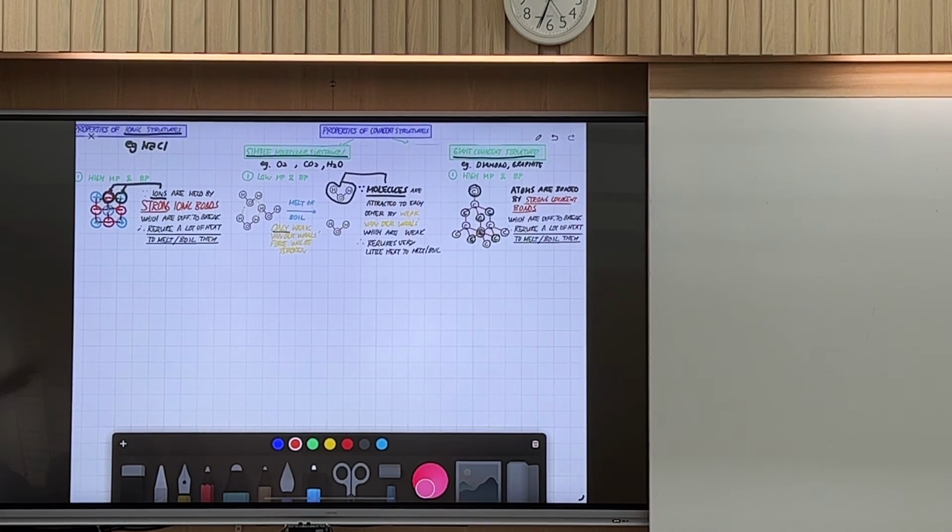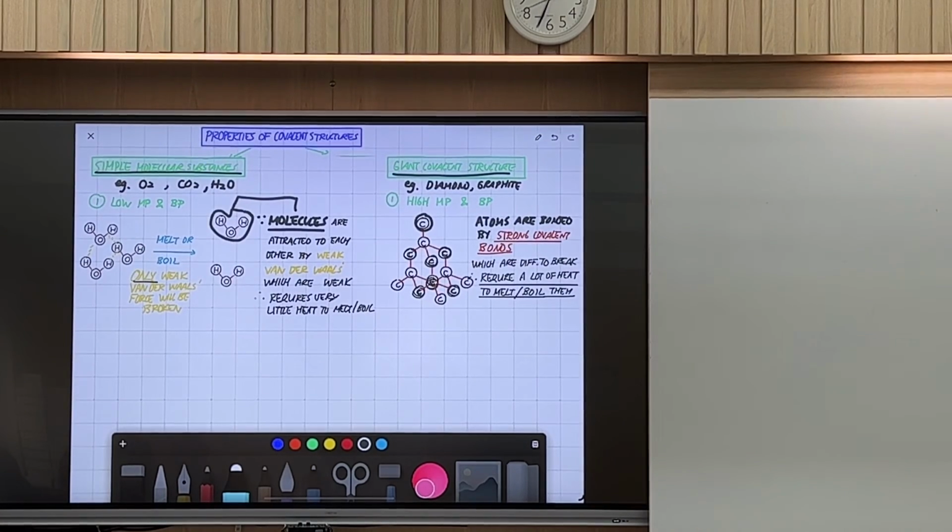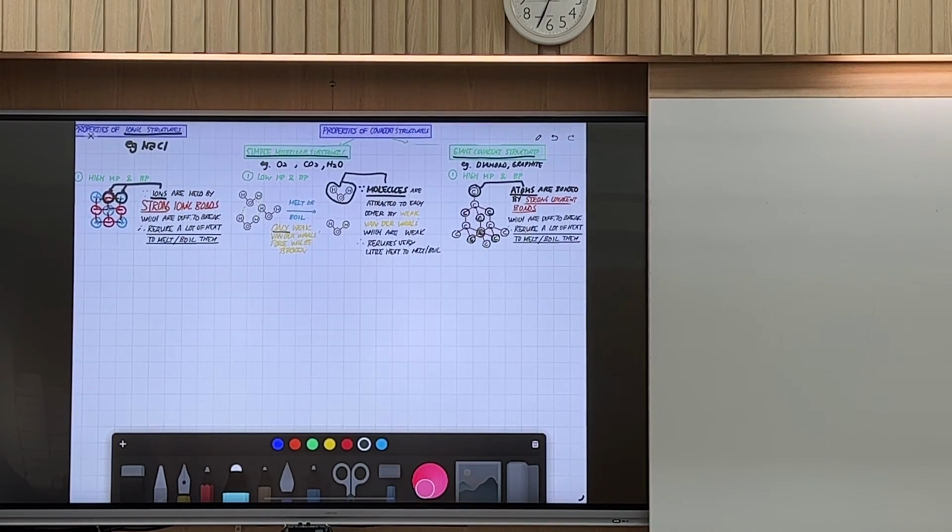So you see the property, we can relate it to the structure. There is a reason for these structures having these properties. So the second property that I want to discuss with all of you is, maybe you can finish writing this down first. So atoms. Note the difference in the subject here.